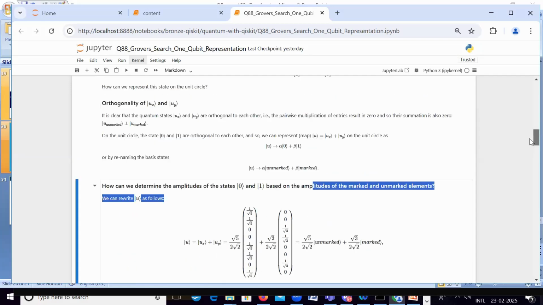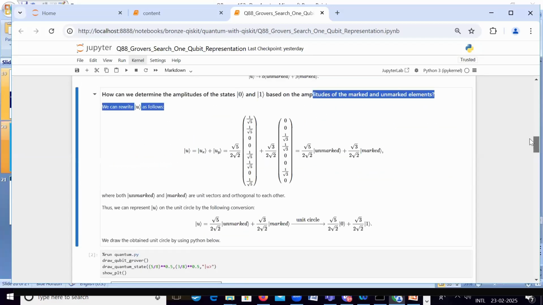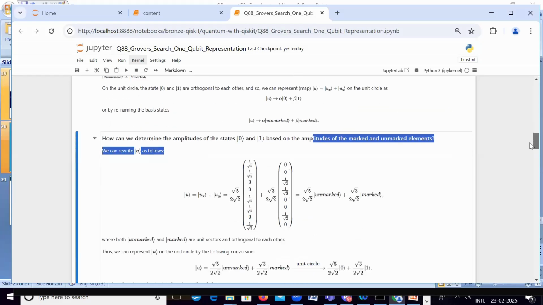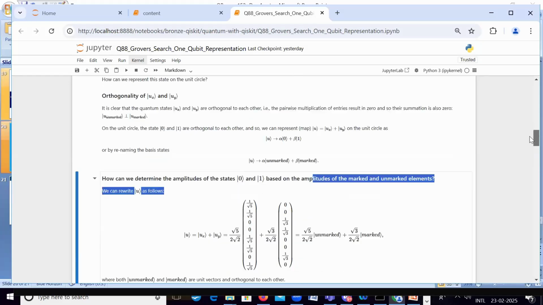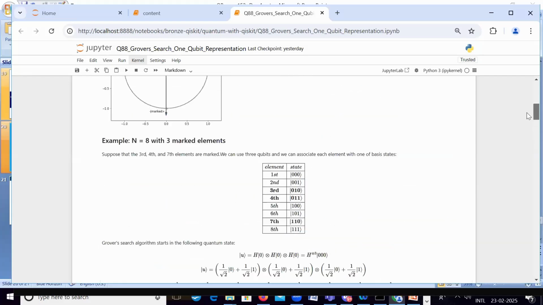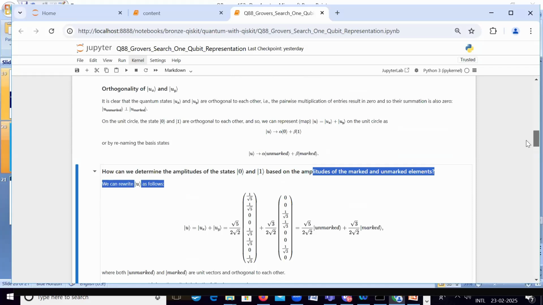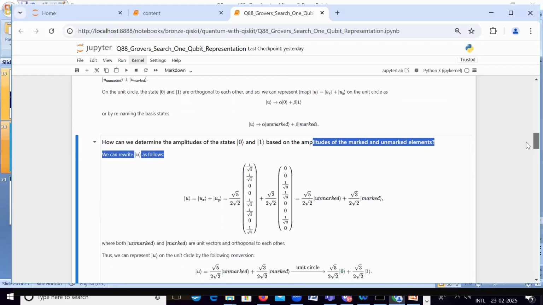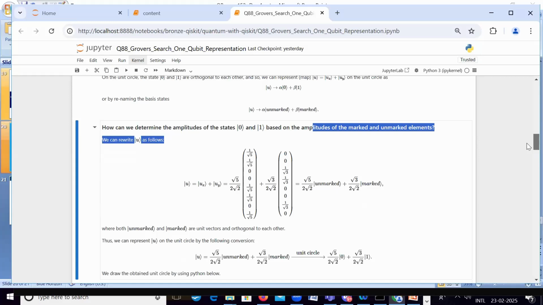And in the vector representation, they have been represented in this form, and further considered that the first one is marked and the second one is unmarked.